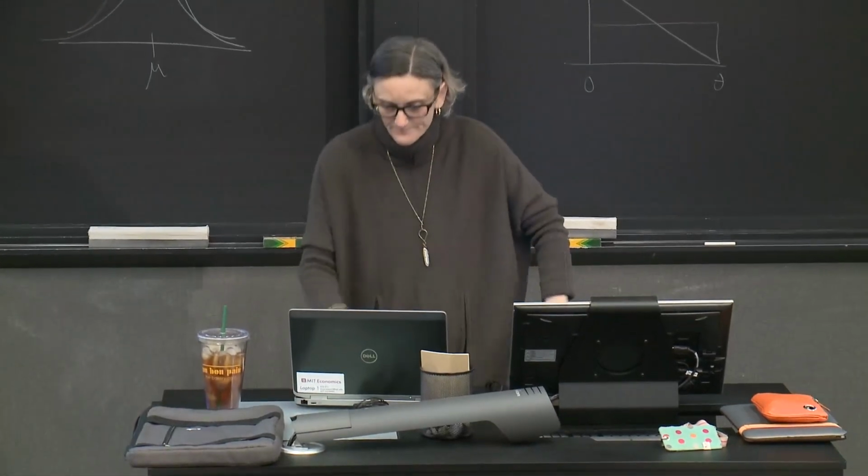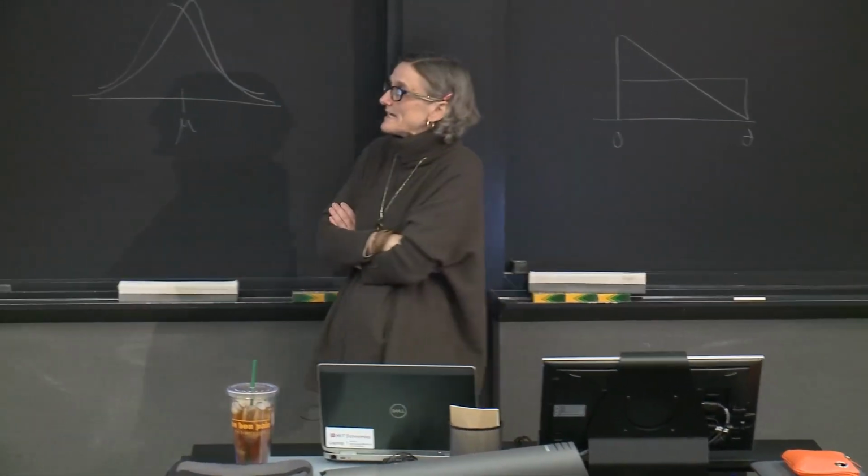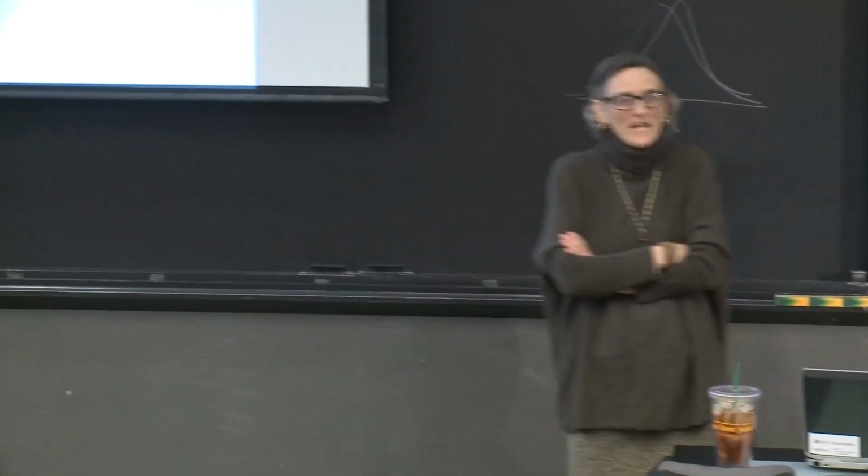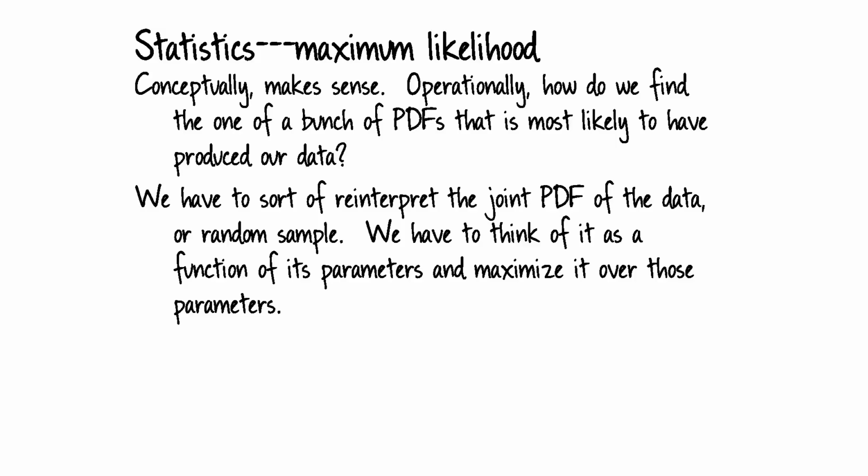Well, the key is that we have to think about the joint PDF of our data in a somewhat different way. Okay? If we have a random sample, we know how to get the joint PDF of that random sample. It's just the product of the individual PDFs of all of the random variables in our random sample.